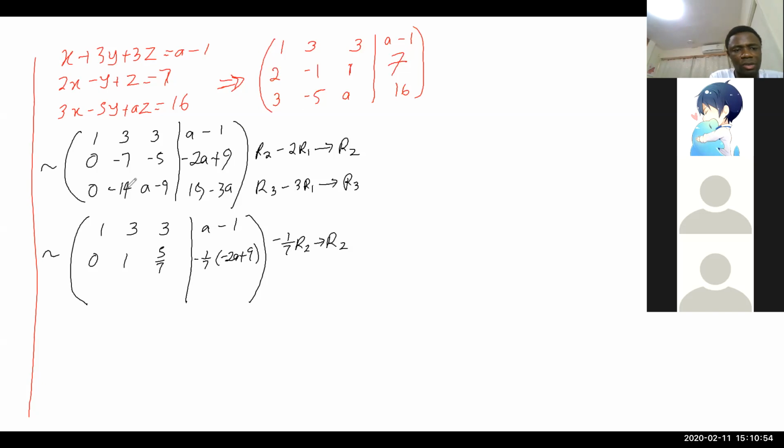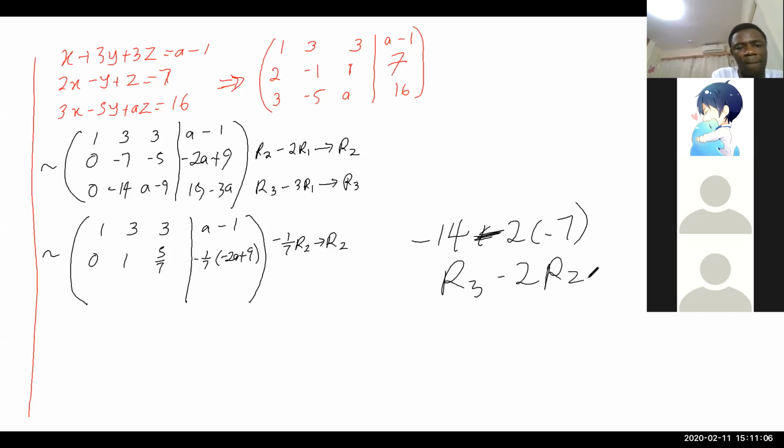And for this, to make this 0, we can use that. So we need minus 14 minus 2 times minus 7. So that's row 3 minus 2 row 2. So row 3 minus 2 row 2 is the new row 3. Can I get a yes or no? It is 0, 0. The middle one is 0 because it's minus 14 minus 7. So minus 14 plus 14 is 0.